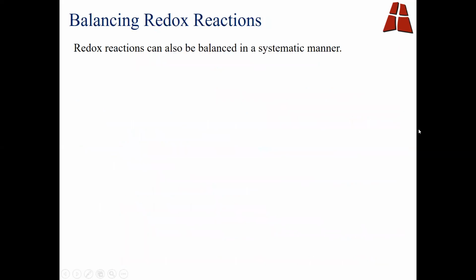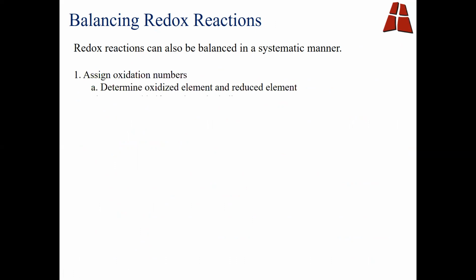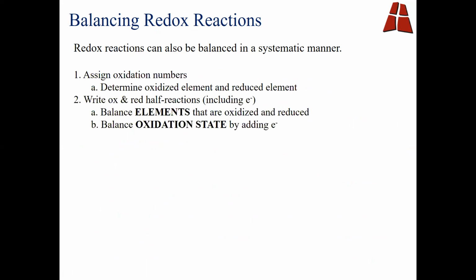We have another set of rules, and so we can also balance redox reactions in a systematic manner. The first thing is to assign oxidation numbers, which is what I went over on the previous slide. You want to determine the oxidized element and the reduced element.